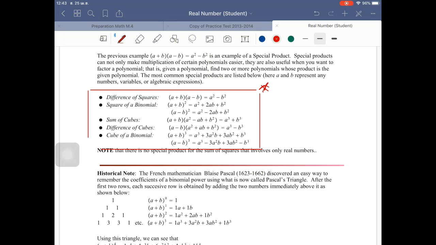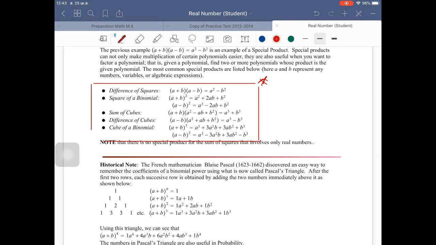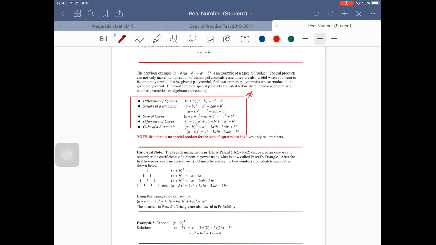Just remember these properties when you do some product, and they will be very useful in the topics of factoring. We will apply some of these rules in our examples.